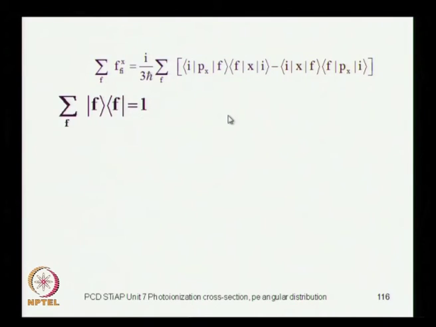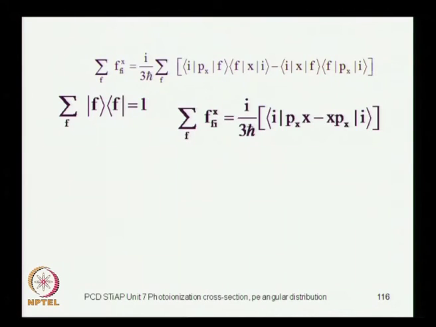The resolution of unity, when you consider all the final states, allows you to recognize that here you are taking the difference between these two terms, and the operator whose matrix element is under consideration is nothing but the commutator between position and momentum.